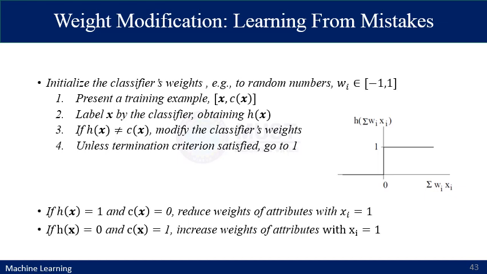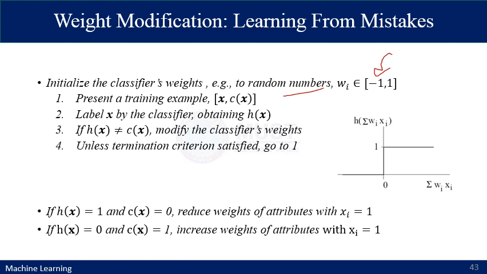Similar to regression, you would like to have weights for prediction in classification. The first step for the classifier is to initialize the classifier weights. Again, use random weights, but in this case we have provided a limit between -1 and 1.